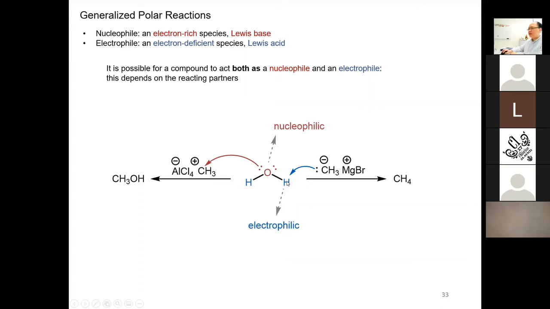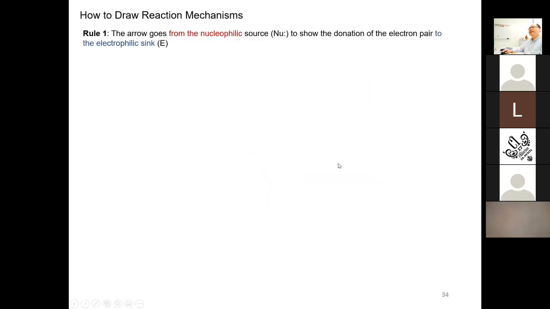This H can act as a proton, all right? So this can also act as an electrophile and then react with a nucleophile, for example, this methyl anion. It can attack this proton, giving the electrons back to oxygen to form methane. So basically, in 2 different regions, you can see the same molecule, water, can act as a nucleophile or as an electrophile.